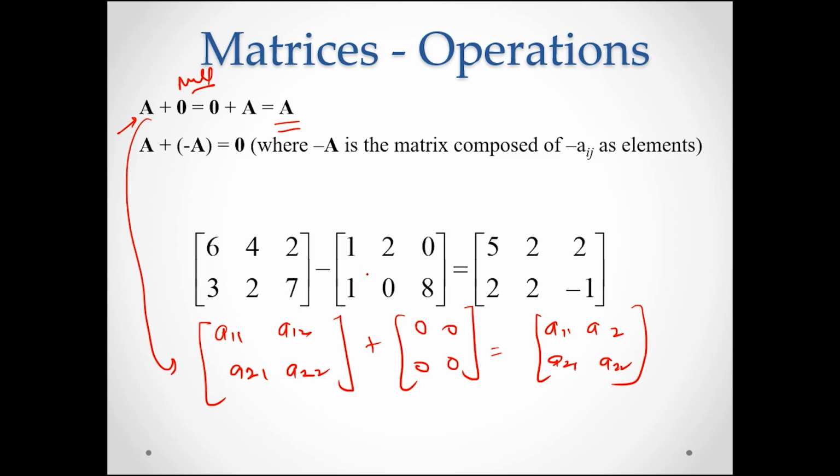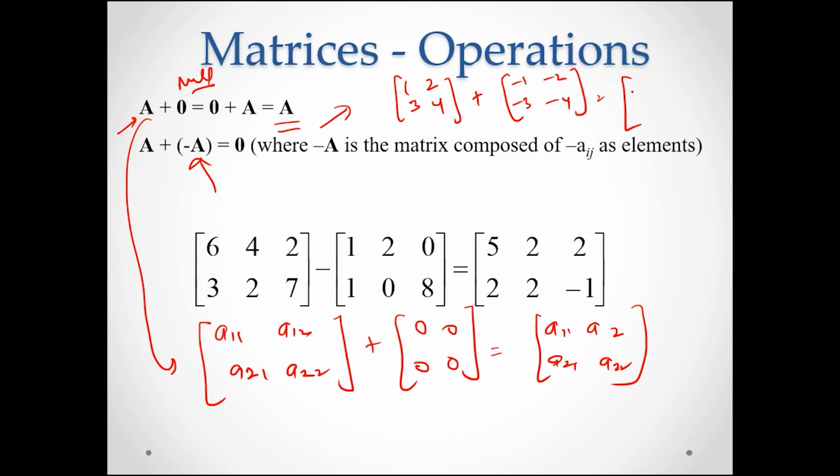Now, when I say negative A, or minus A, it means we are multiplying all the elements with a minus sign, right? When I add A and minus A, the output is going to be equal to 0. What does this mean? If I have 1, 2, 3, 4, and if I multiply all the entries with minus 1, it will become minus 1, minus 2, minus 3, minus 4.